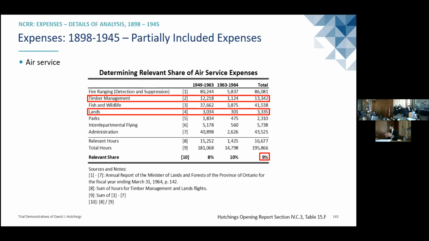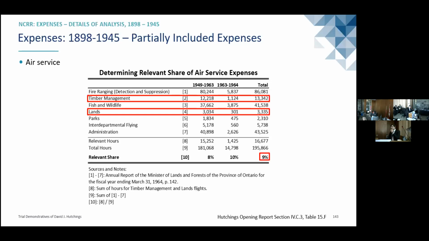But there are some reports from the ministers of lands and forests in different years that give us estimates of the number of hours spent flying on each of, half a dozen or so different functions. So we can use that data to estimate what share of the hours flown were for related expenses.